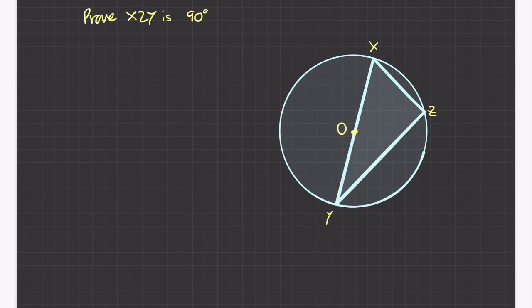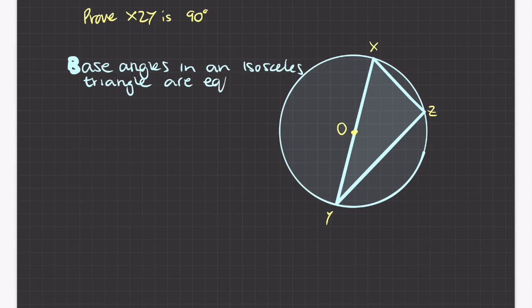And our angle fact for isosceles triangles is base angles in an isosceles triangle are equal. I'm making the point of writing that out because it's one of our facts, one of our reasons, and it's important to have that in there as part of our logical argument to do this proof.